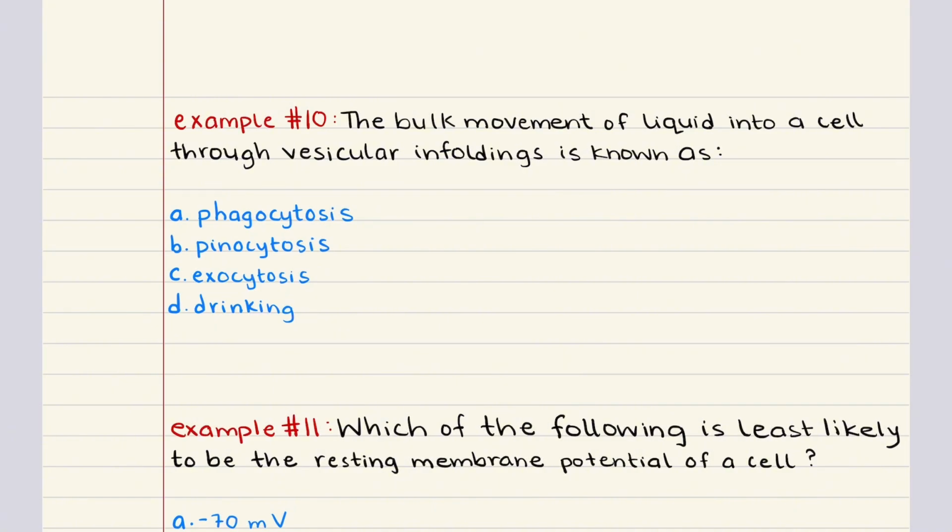The key here is that the material being taken in is liquid, not solid particles. So that specific process where liquid is being taken up, not solid, that's called pinocytosis, often nicknamed cell drinking. Now, in pinocytosis, the cell takes in extracellular fluid and any dissolved solutes by forming small vesicles. The correct answer here is going to be B.